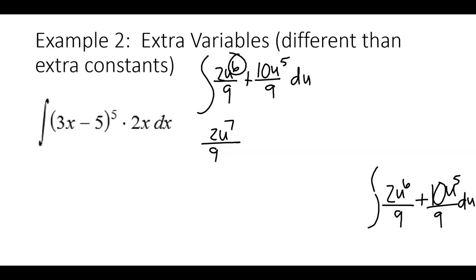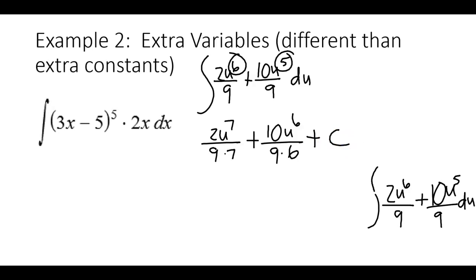And then we're going to divide by that number. Now there's already a 9 in the bottom, but that's okay. I'm just going to put a 7 down there now also. Same thing goes here. I'm going to add 1 to its power, which is going to give it a value of 6. We have a 9 down there, but now we're going to put a 6 down there also. And we don't want to forget our plus c.